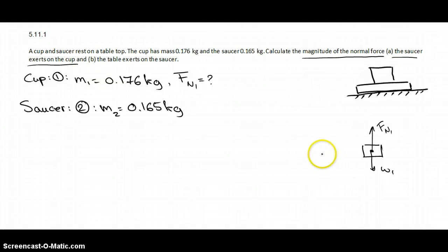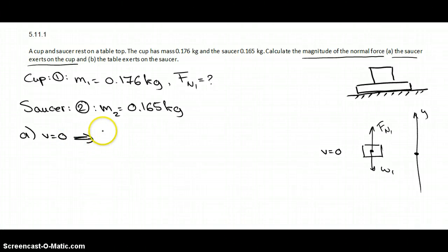Now, I know that the cup is at rest, which means the velocity is 0. So when I start working, I would say that the velocity is 0, which means, according to Newton's first law, the net force is 0.